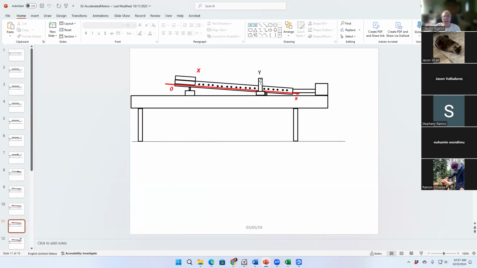When the red LED light of the photo gate turns on, it means that the cart is crossing the invisible light beam that's emitted by this photo gate. At this point, you stop your cart and look at the front bumper. What is the position of the cart in this ruler, in this tape that's attached to the air track? And we do that 5 times. That's what it's all about.